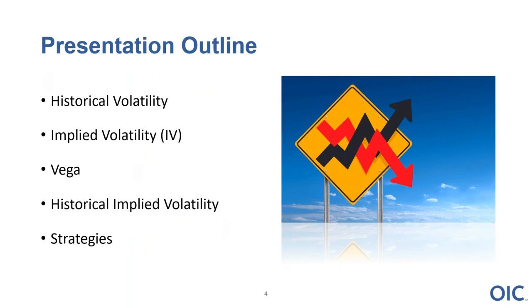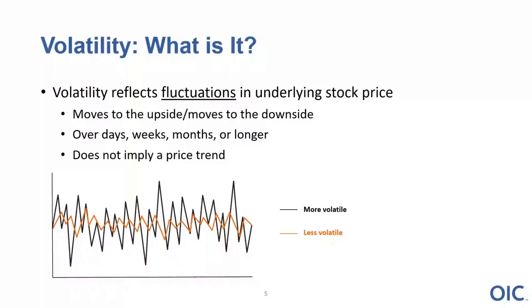Before we start with historical and implied, I do want to say a few words about broad volatility in general, specifically that it represents fluctuations in stock price without referencing one direction or the other. It could be upside moves, downside moves, really doesn't matter. Volatility is all about fluctuation.